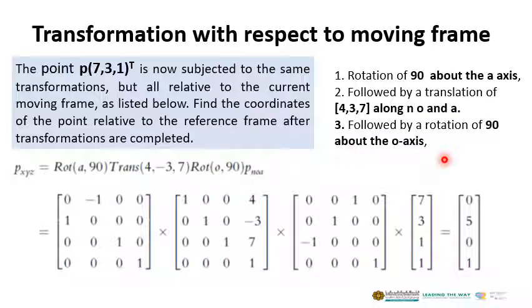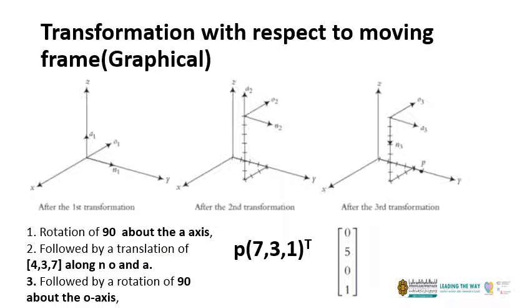It is no longer XYZ, rather the NOA, A, and O axes. So you can see now that it follows exactly the same order as the original transformation. This one will come first, followed by the translation, and followed by the rotation with respect to the O axis. And if you put in the values here, you will get the answer.